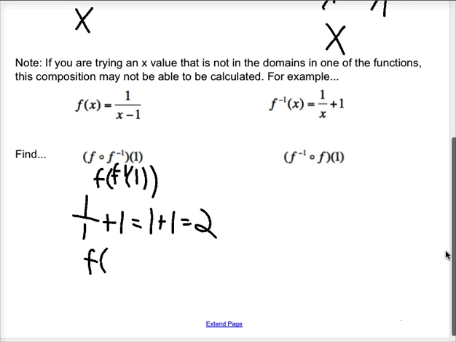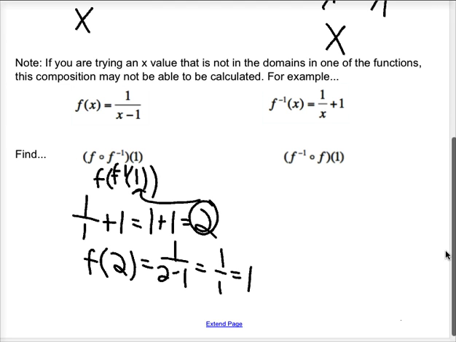Now I'm going to take f and put that 2 in for f to the -1 of x. Well, 1 over 1. So that worked out. I was actually able to calculate that whole thing because that 1 was a part of the domain of the inverse function.